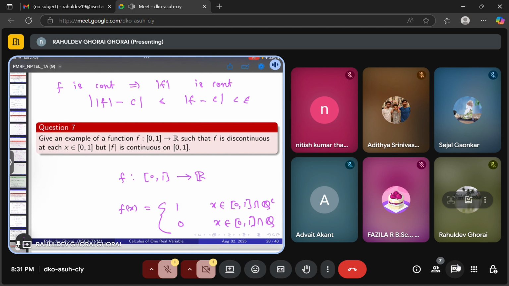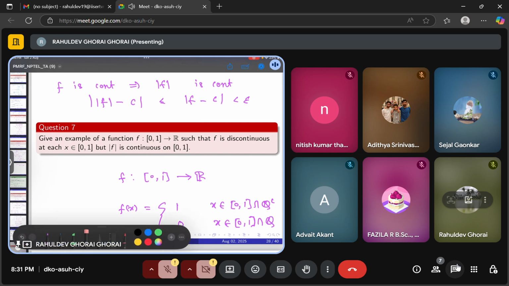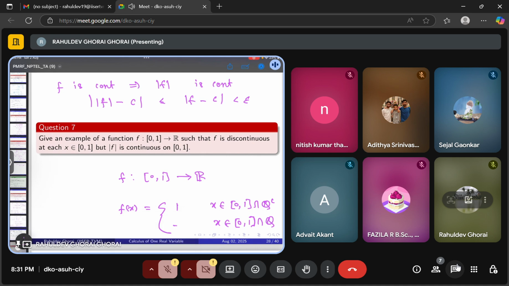This function is discontinuous at each point in 0 to 1. Also in this, instead of 0 I'll put minus 1. Even that does not matter. Even if you take any two distinct numbers instead of 1 and minus 1, like 2, 3, 4, 5, 10, any two distinct numbers you take, then it will be discontinuous at each point in 0 to 1, right?